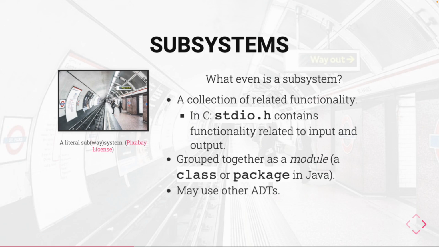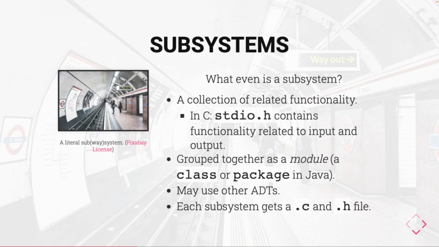There's inevitable connections between subsystems. You want to minimize the amount that subsystems and ADTs depend on each other's implementation details, but you of course can't avoid them using each other's interfaces.